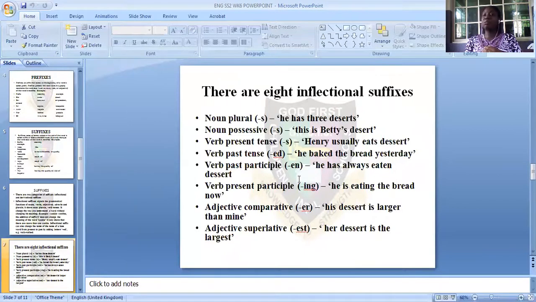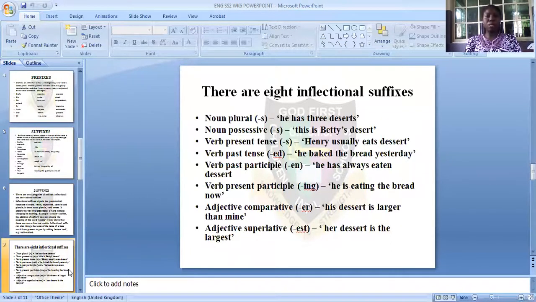So we add suffix est to the adjective large to give us more information about what we are describing. So these are the 8 inflectional suffixes we have in the English language. Take your time to learn them and be able to give examples of them on your own.